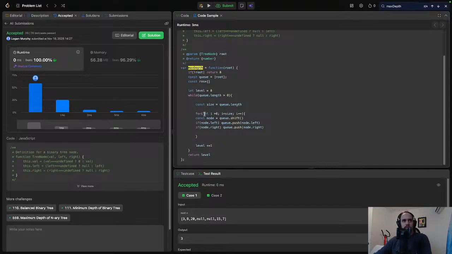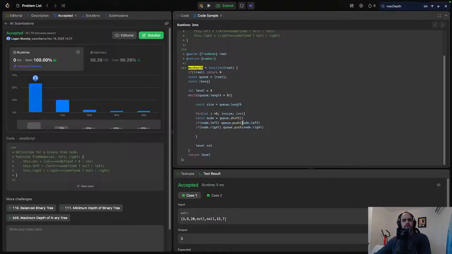Interesting. But then there's this: i is less than size. node = queue.shift, which would pull the node at the front of the array.